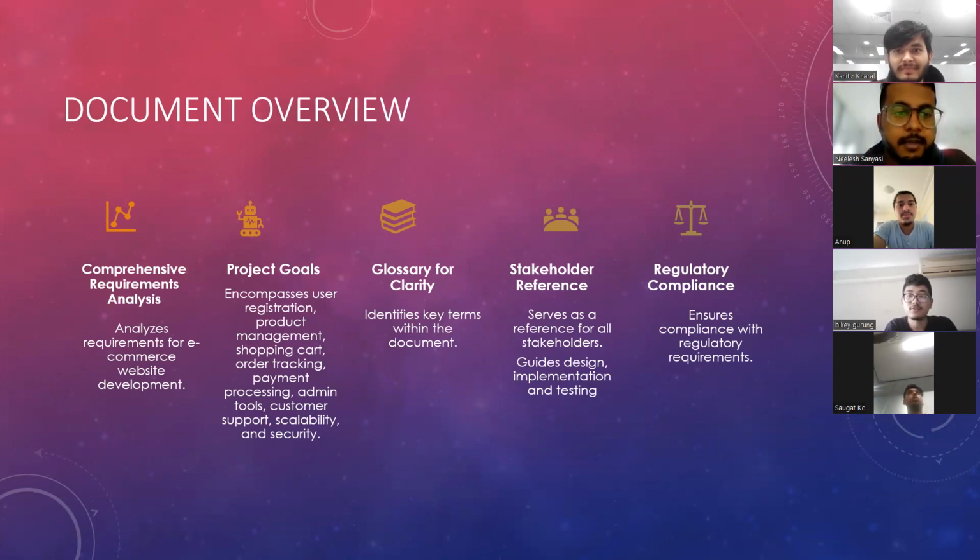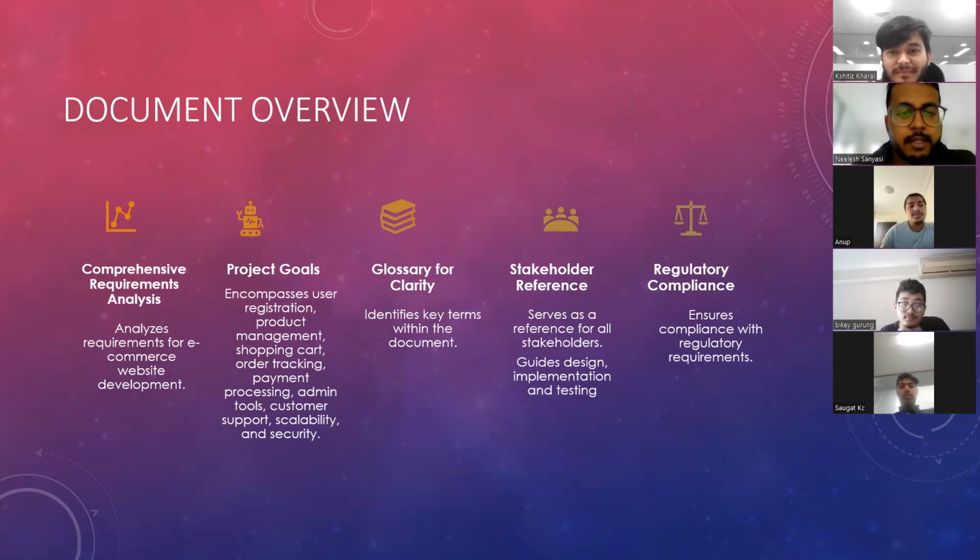Hi everyone. My name is Neelesh and I'm going to present on the document overview. This SRS document provides a comprehensive analysis of the requirements for developing the e-commerce website. It covers project goals, including user registration, product management, shopping cart functionality, order tracking, payment processing, admin tools, customer support, scalability, and security.